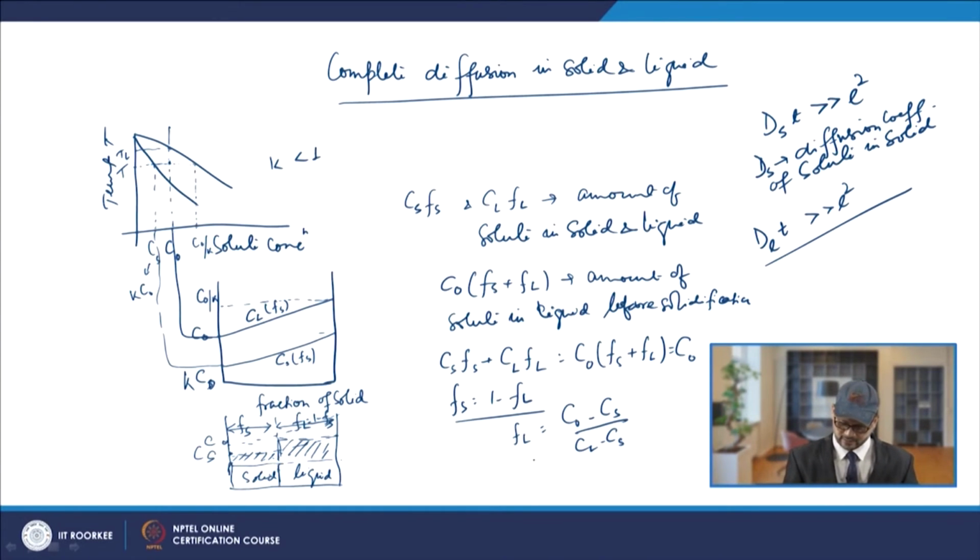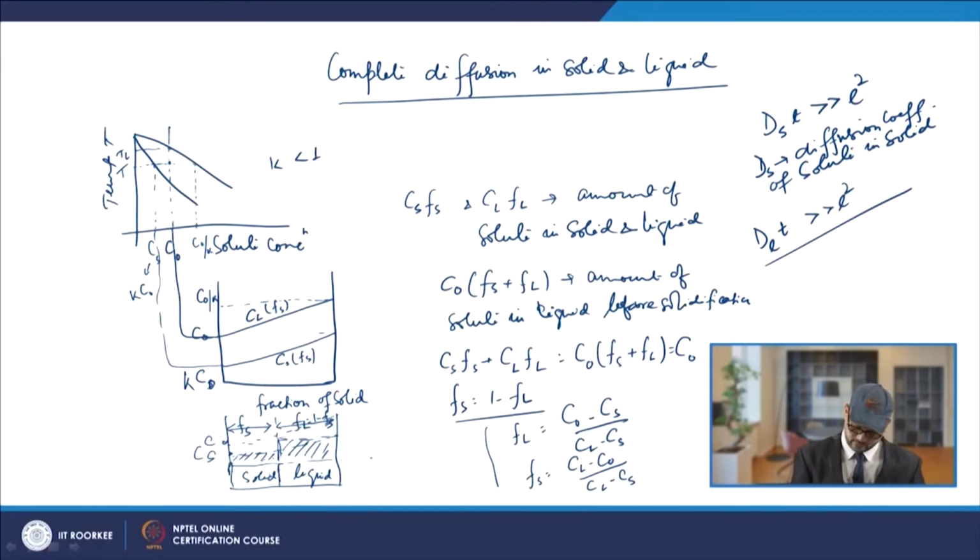Similarly, you get Fs as Cl minus C naught by Cl minus Cs. So, this is what you get in the case of complete diffusion in solid and liquid. You also get the composition of liquid. You can have the expression for the composition of liquid Cl, which is found by C naught by Fl plus K into 1 minus Fl.